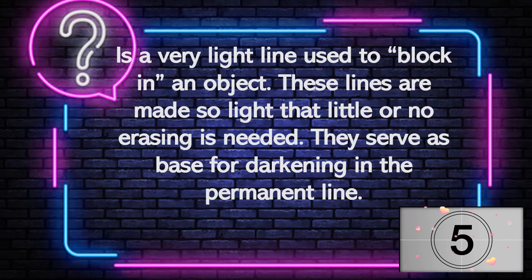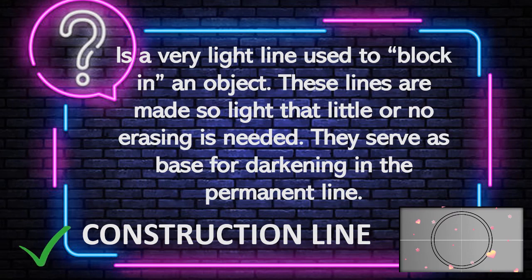Is a very light line used to block in an object. These lines are made so light that little or no erasing is needed. They serve as base for the darkening in the permanent line. Very good.